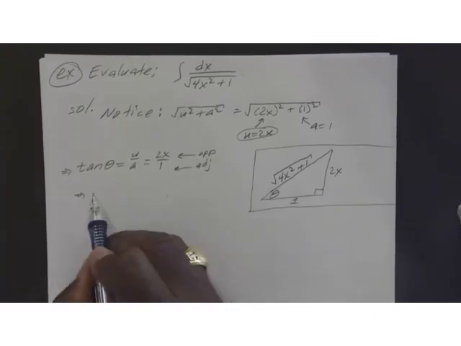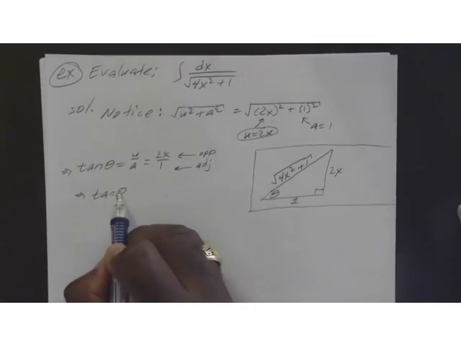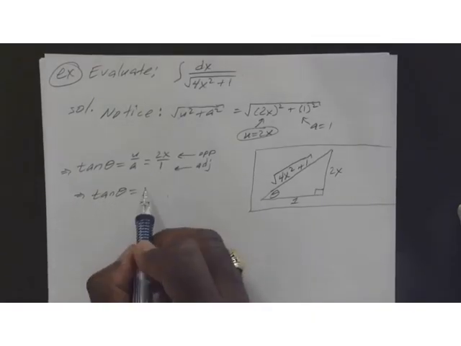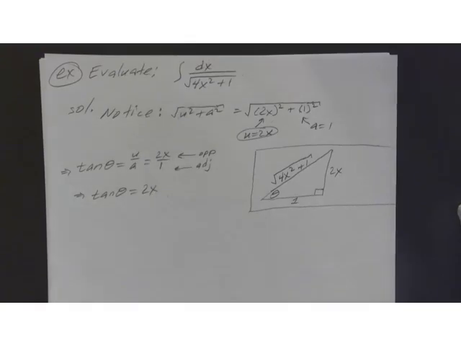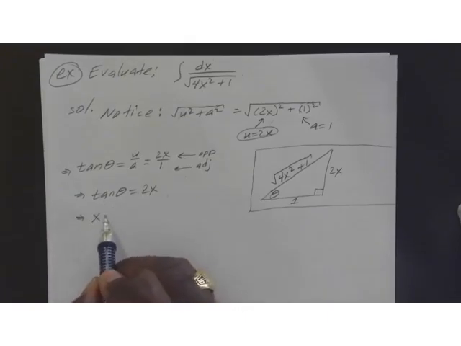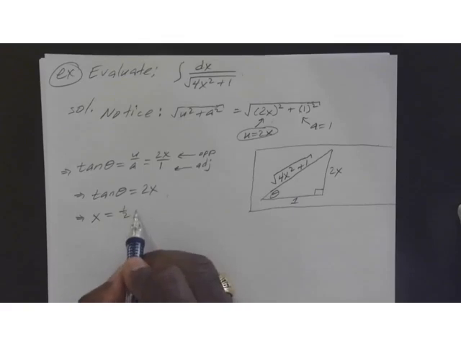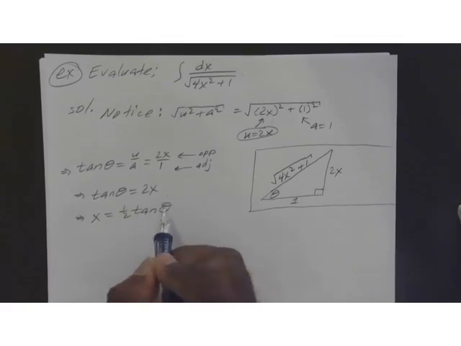Okay, so we know that since tangent of theta is equal to 2x divided by 1, which is just 2x, divide both sides by 2, we see that x is equal to tangent of theta divided by 2, or you could just say x is equal to 1/2 tangent of theta.